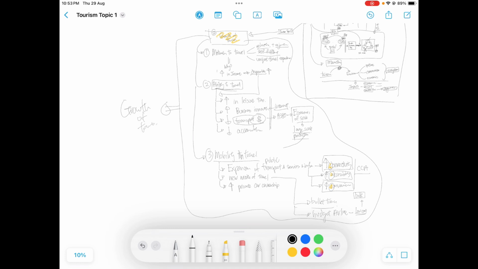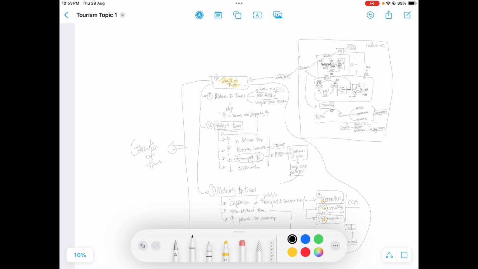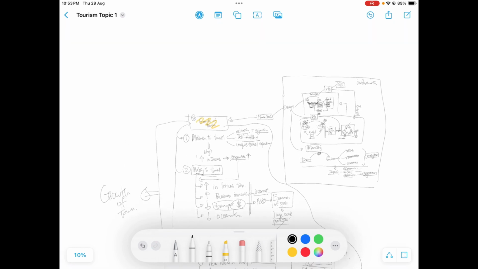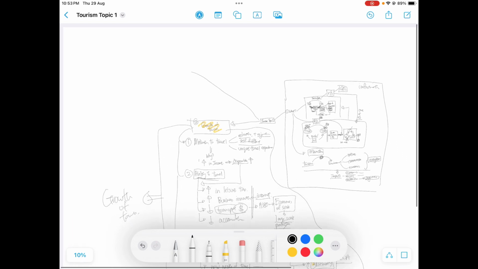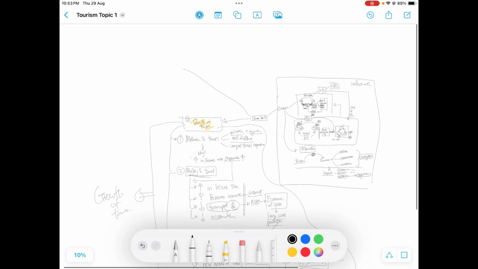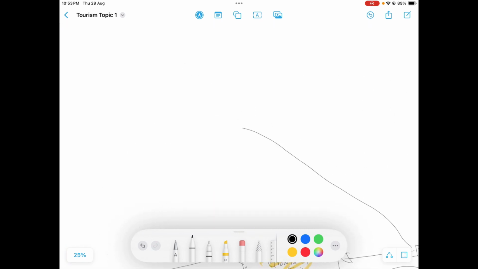Alright, so that is that. Okay, and last but not least, for topic 1.3, let's go right here. Topic 1.3, let's zoom in. Okay, topic 1.3, third portion, we talk about the different stages.